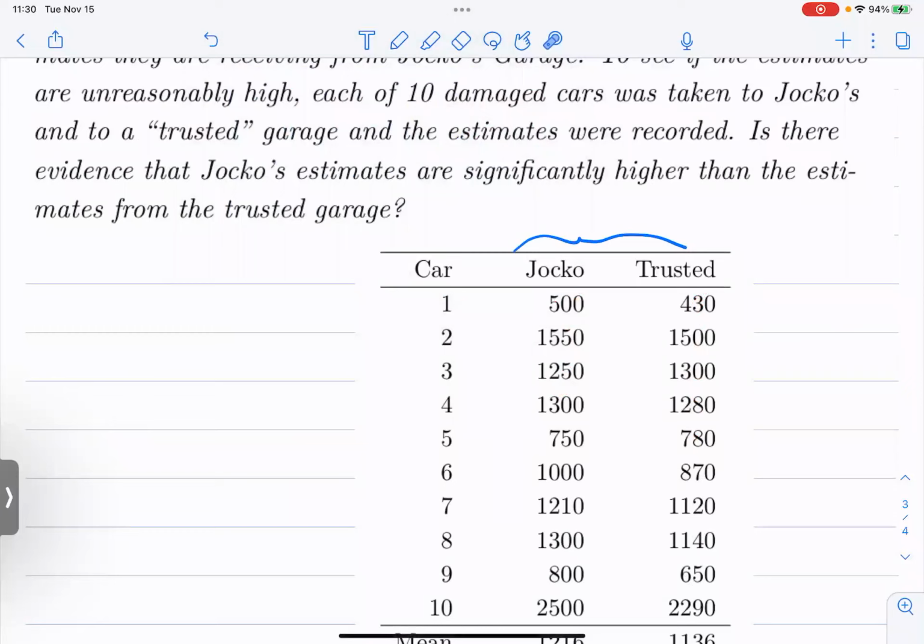So I have these two observations on the same subject, the same car. So here I have two samples that are paired. So right away, I know that this is going to be a paired data type of question.